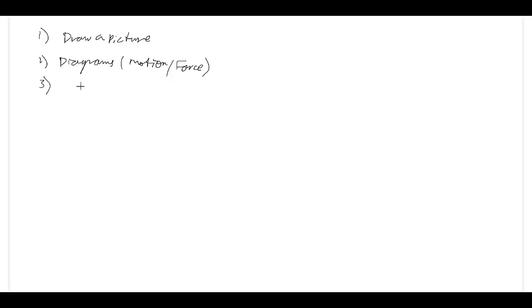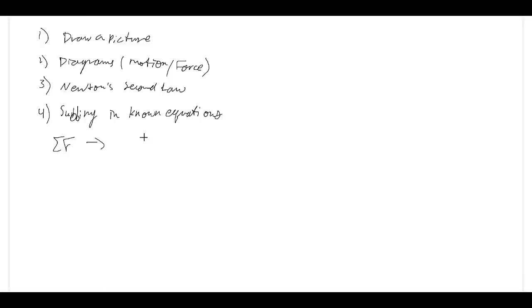Once you draw the diagrams, write out Newton's second law. And once you have Newton's second law, start subbing in known equations. What do I mean? So when you have the sum of the forces, right? You start putting in all the forces that cause acceleration. When you see force friction of whatever kind, you know to plug in the friction force, which is mu times F normal.